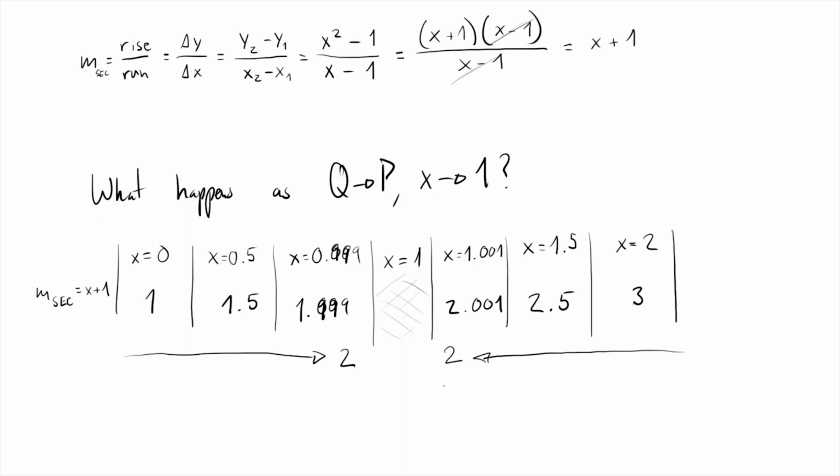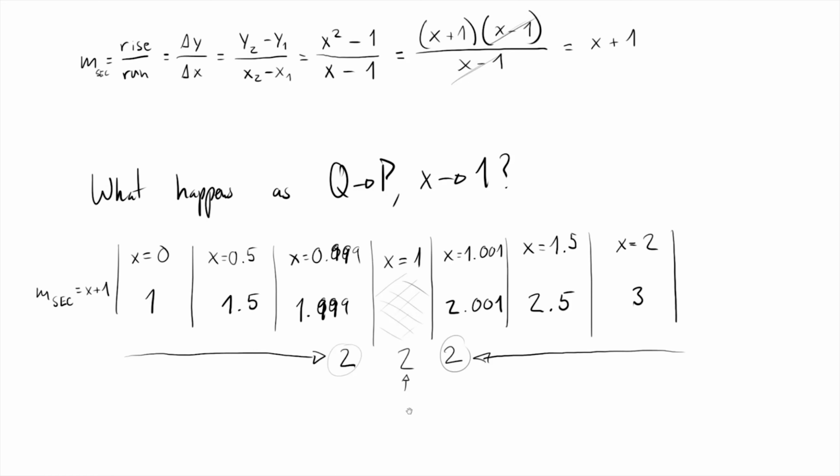So as Q approaches P, or as x approaches 1, the slope of our secant approaches 2, because from the left-hand side we're getting to the number 2, and from the right-hand side we're also getting to the number 2. Therefore, in the middle, it must be the number 2. It's important that these two numbers match. If they don't match, there are some issues, and we'll talk about that in a later video. But for right now, they match.